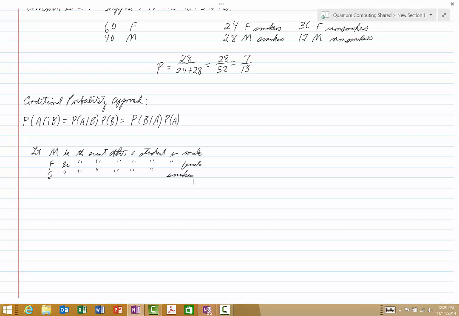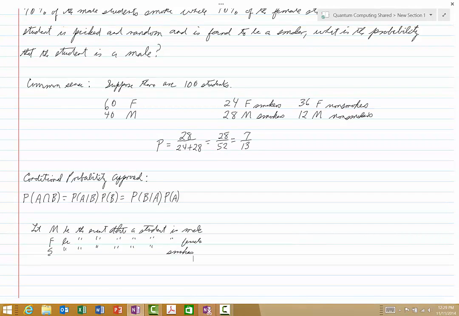Okay, so we have a student who is a smoker. That's given now. We know that the student is a smoker, and we want to find the probability that the student is a male.